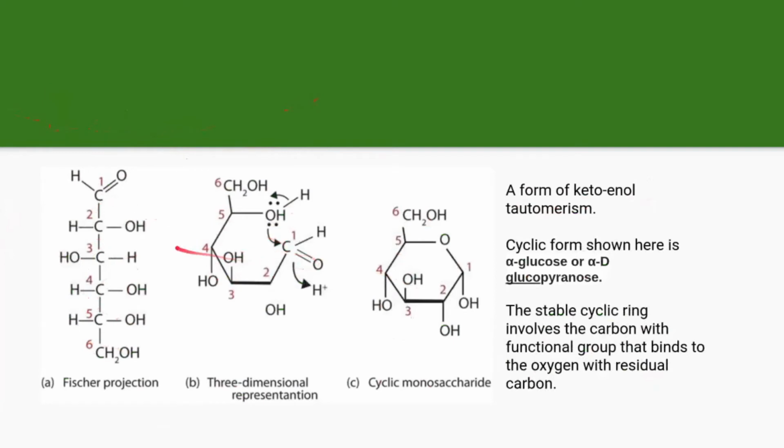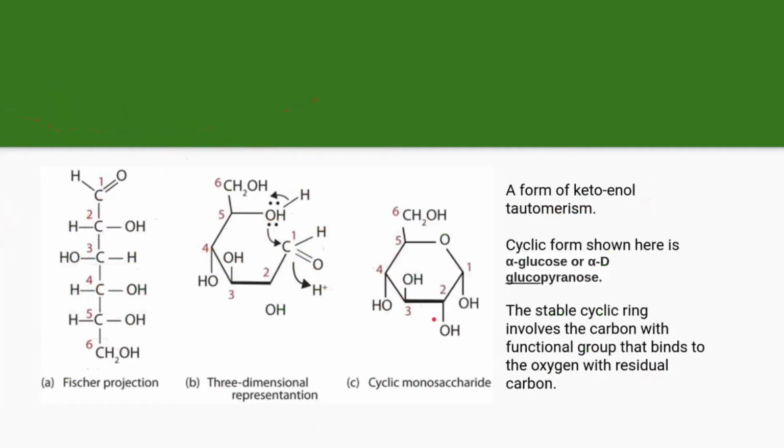Okay, so this is how they form the cyclical form. It's basically a tautomerism. The molecule bends, and then it exchanges. The oxygen forms a bond with this carbon 1, and then the hydrogen comes over there, and then you have something called a cyclic monosaccharide.